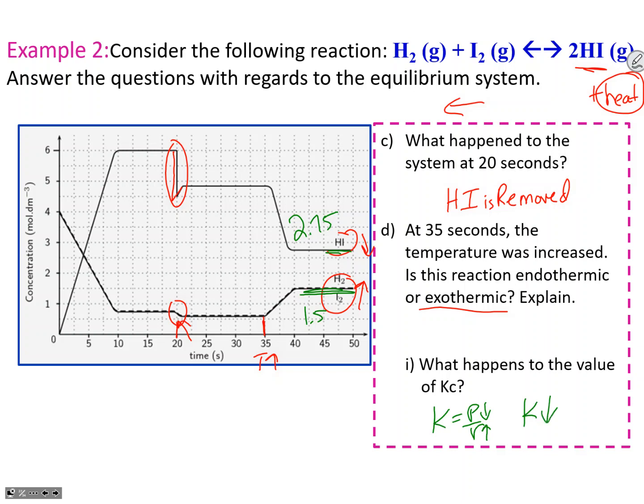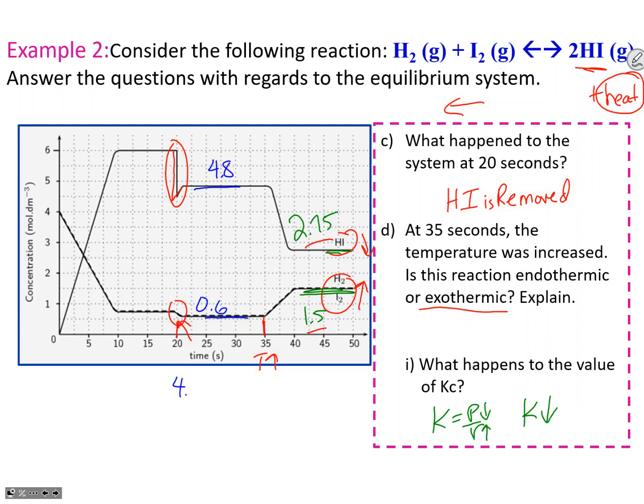One other thing before we move on from this graph, just to show you, like I said, this number, if you did the calculation, is going to be smaller. However, the second position on here, right here, where all we did was take away some of the HI, we calculated the K. This is about 4.8, and down here this is about 0.6.